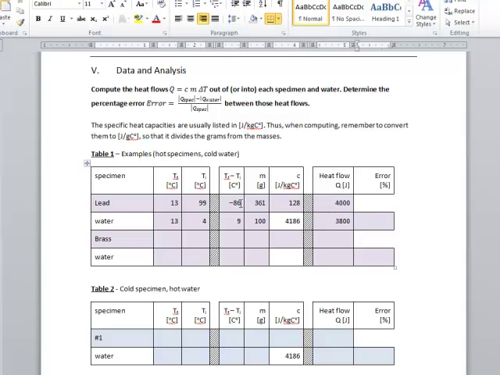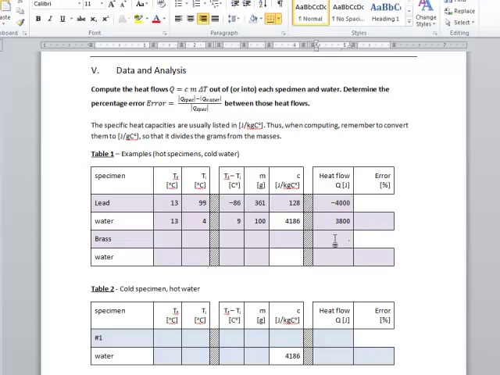And oops, I forgot one little thing here. The heat flow came out to be negative. Actually, I have that on my calculator. It said negative 3,973 earlier, and then I'm going to do negative 4,000. I take the absolute value of that, so 4,000 minus 3,800 is 200.